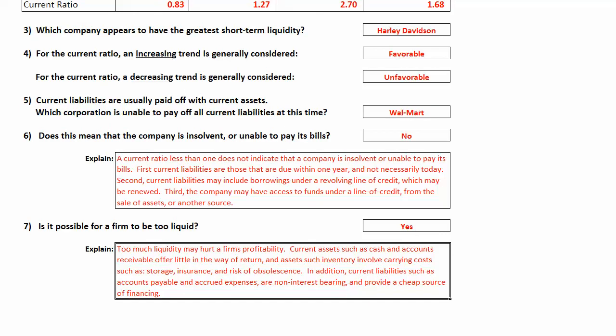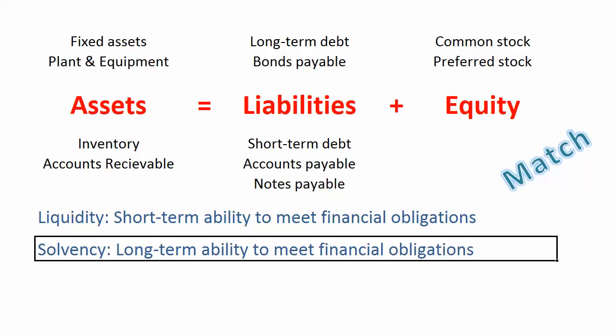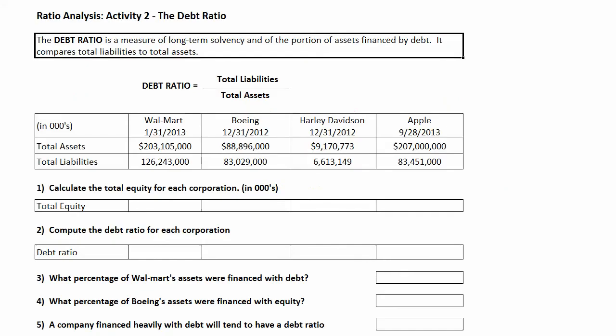Let's go ahead now and take a look at a firm's longer-term solvency, which we said was its ability to meet its longer-term financial obligations. And we'll do that by looking at activity number 2. The debt ratio is a measure of a firm's long-term solvency and the portion of assets that are financed by debt. It compares total liabilities to total assets.